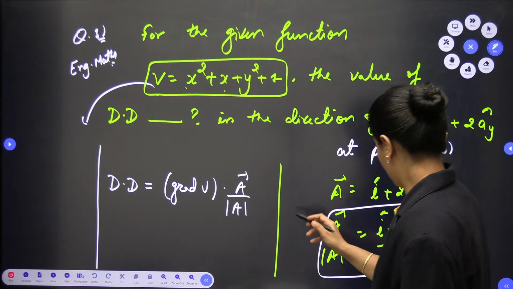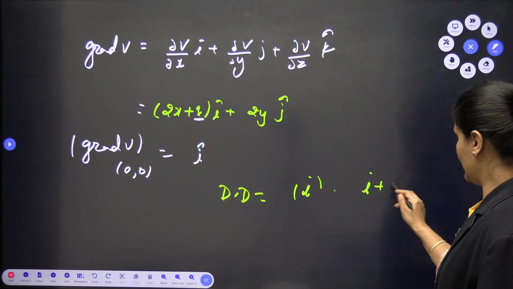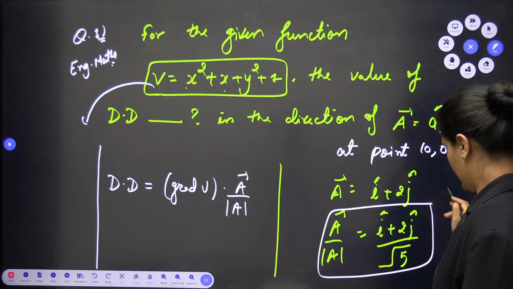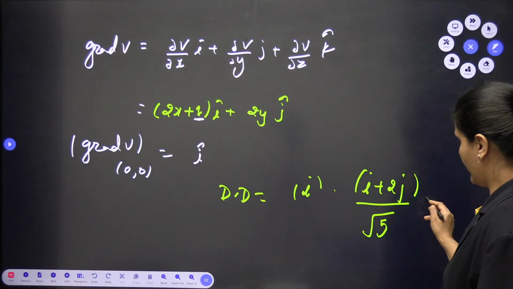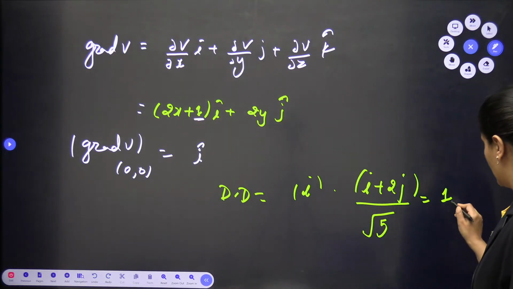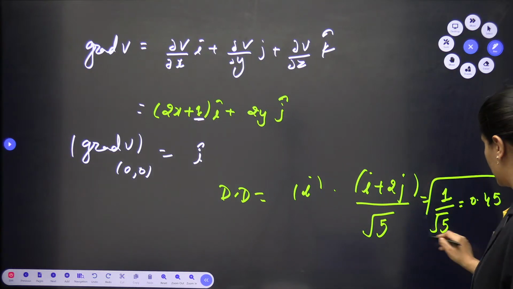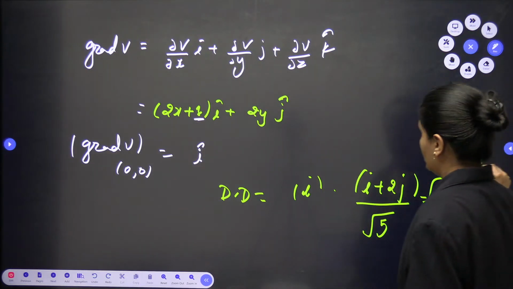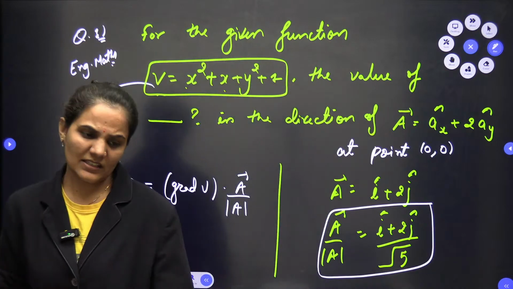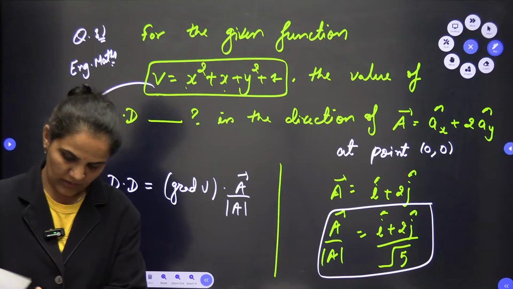So the directional derivative is i cap dot product with i plus 2j divided by root 5. i dot i will be 1 and there is no j, so that will be 0. So this is 1 by root 5, which is approximately 0.45 as the numerical answer. I think this is an NAT, numerical answer type question, and very easily we can write down this result.